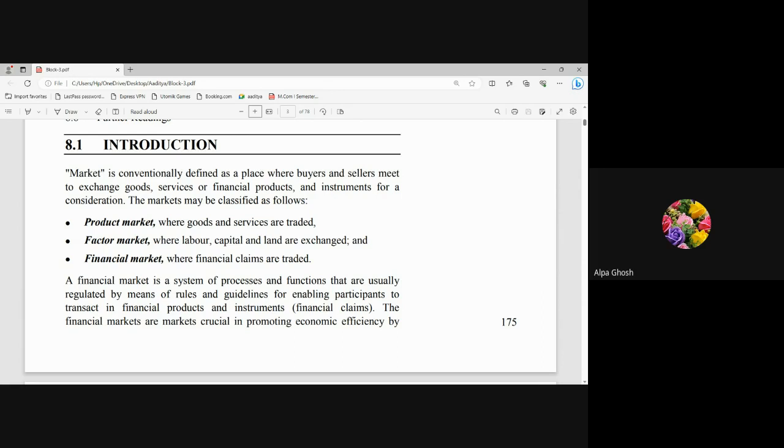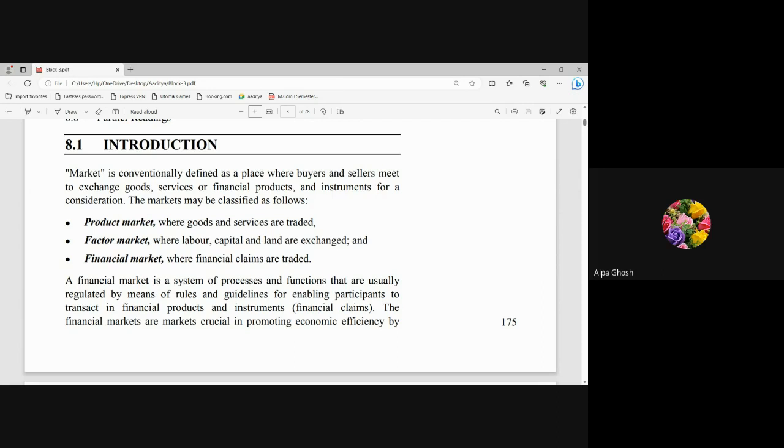So, product market is a place where goods and services are traded, any type of goods that we consume. Factor market is a market where the factors of production are available. Factors of production may be your labor, your capital, your land, your managerial skills, your machineries.